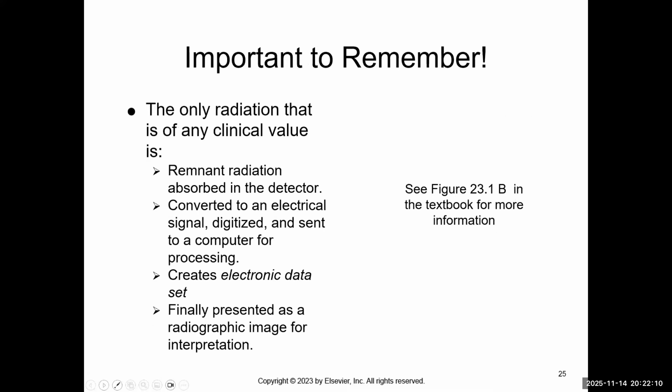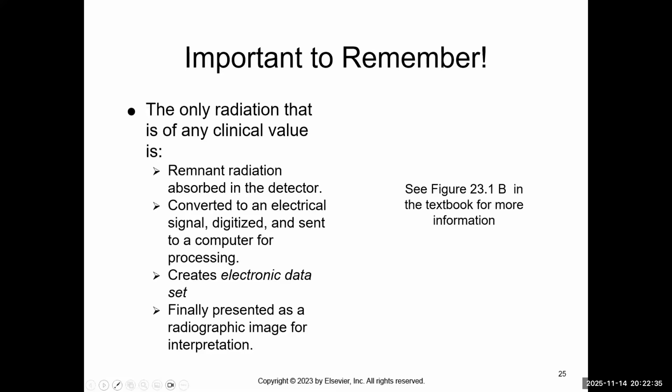All right, so important to remember. We're talking about the remnant radiation or the exit radiation. Although a few weeks ago we learned about different types of radiation, like primary radiation, etc. For image creation or image formation, what's really important is that remnant or exit radiation.